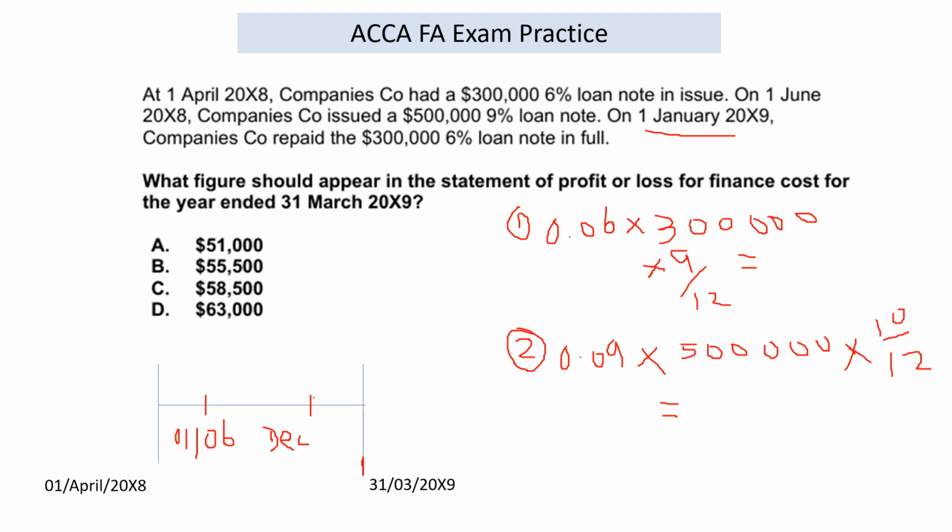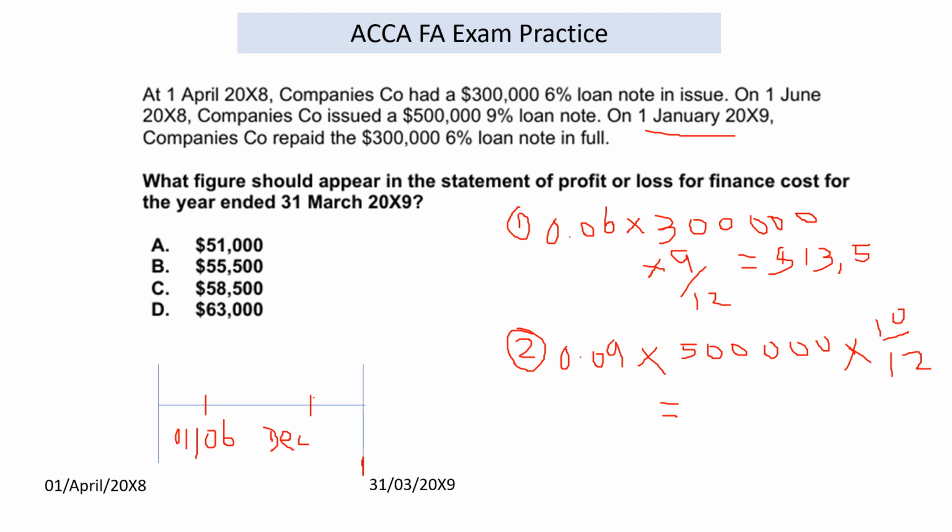So the first one, 0.06 multiplied by 300,000 and then multiplied by 9 over 12. So that comes to $13,500.